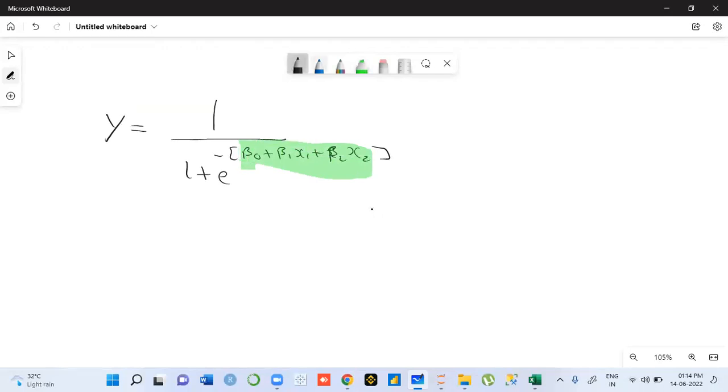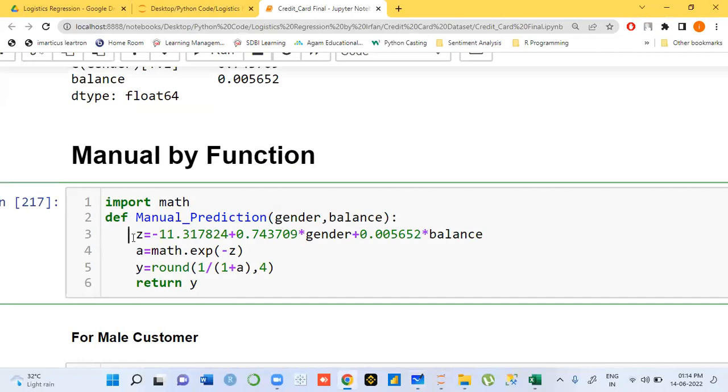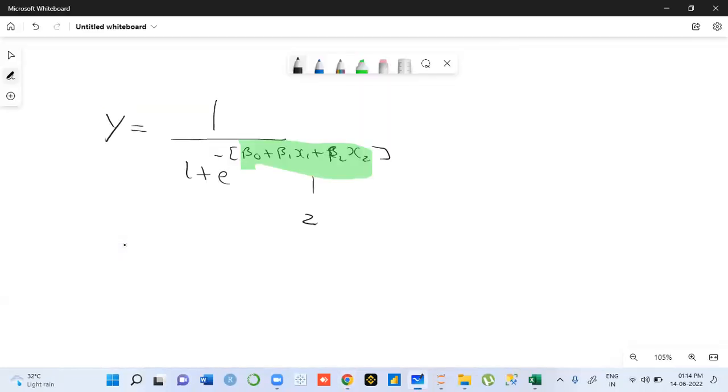I converted this equation to Z. Then I converted this minus Z, e raised to something, to A. So what does the equation become?